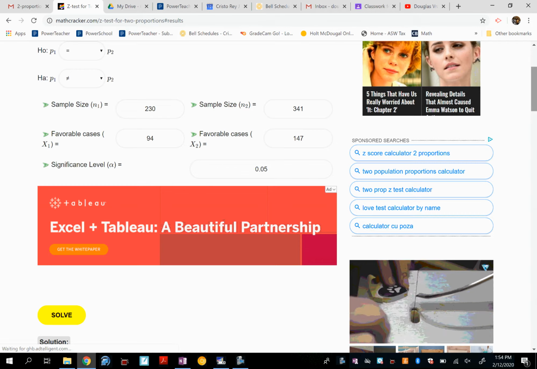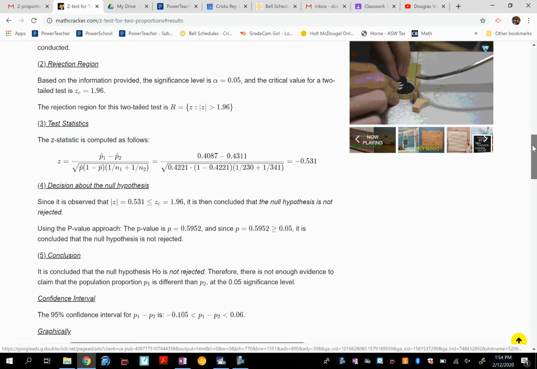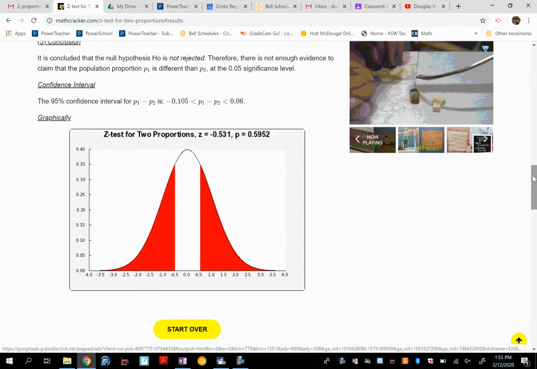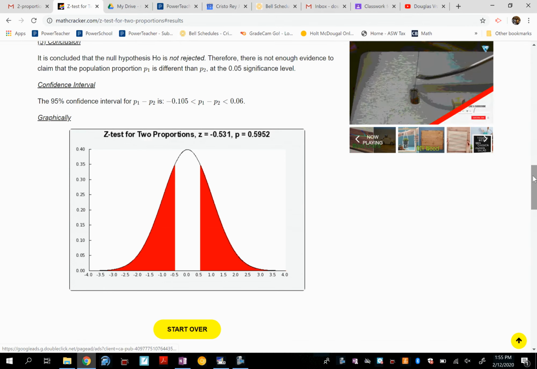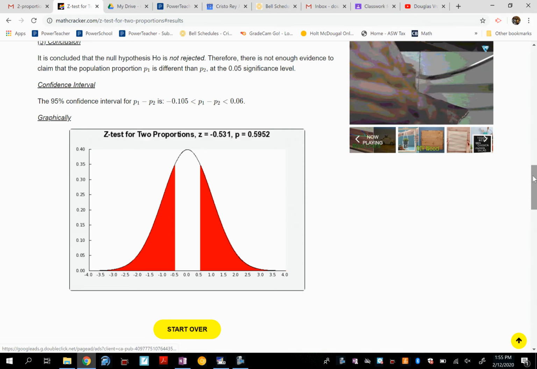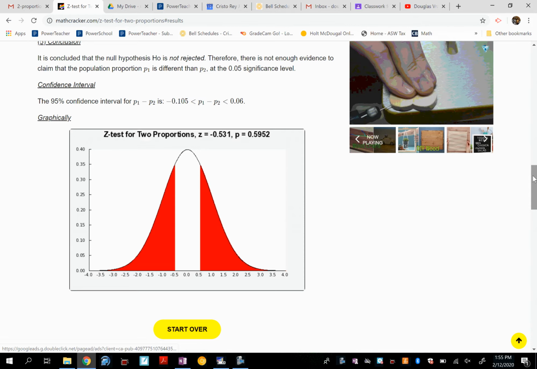Now, really this question, because it's multiple choice, is asking me to determine rejecting or failing to reject a null. All I care about is the p-value. So I went to the very bottom. What is my p-value? 0.5952.